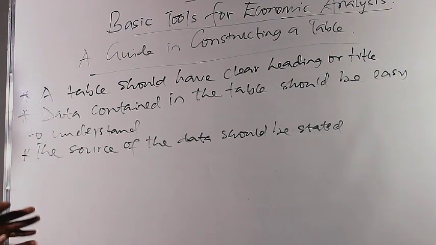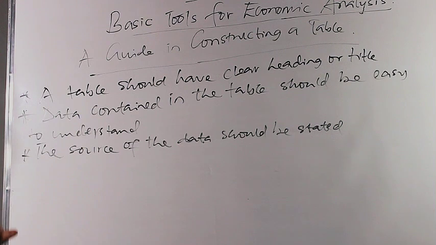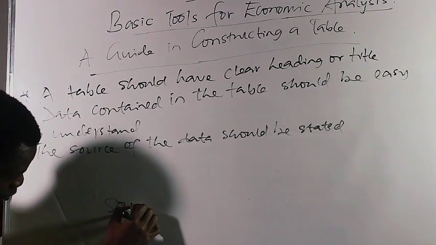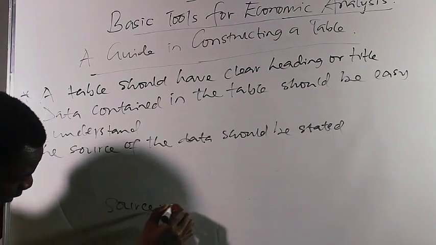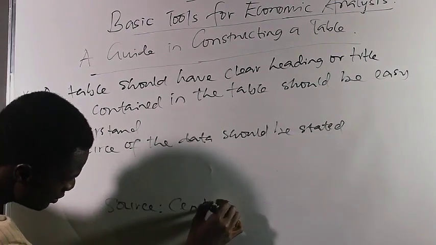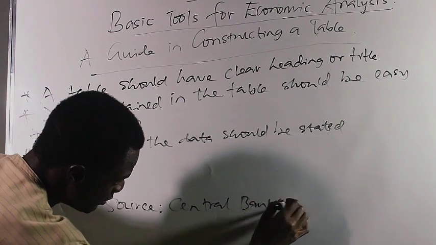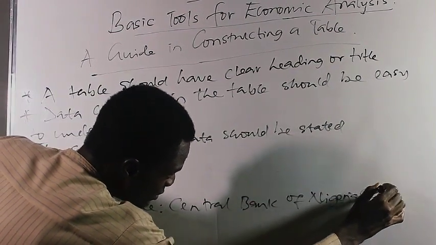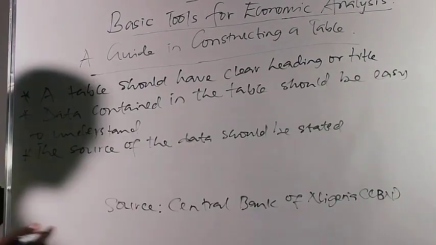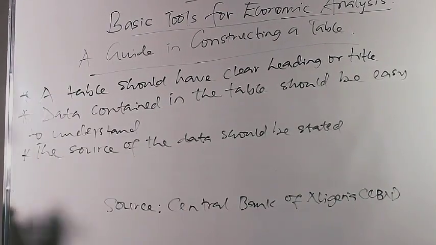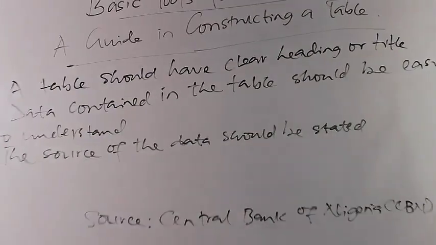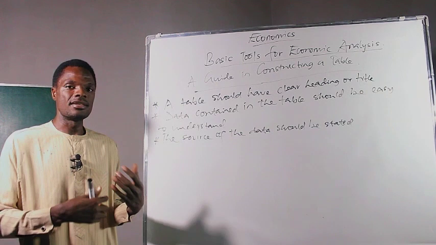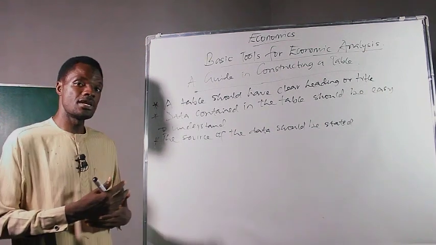So, for example, if we get data from the Central Bank of Nigeria, then we write source: Central Bank of Nigeria, CBN. So this will inform the reader where the information was derived. If the data is hypothesized, then it doesn't need any source.